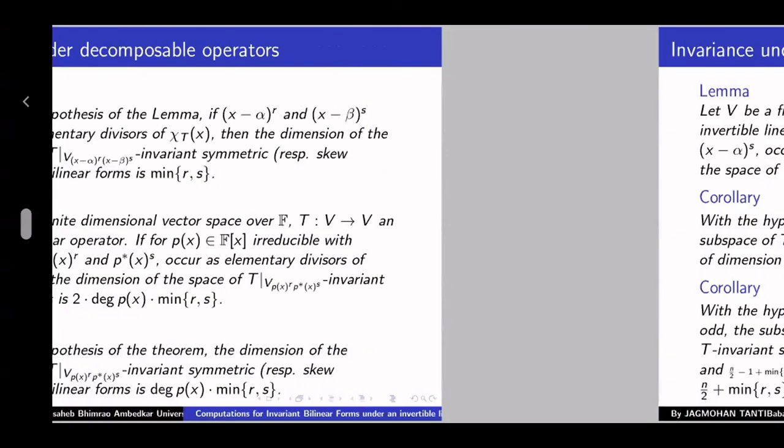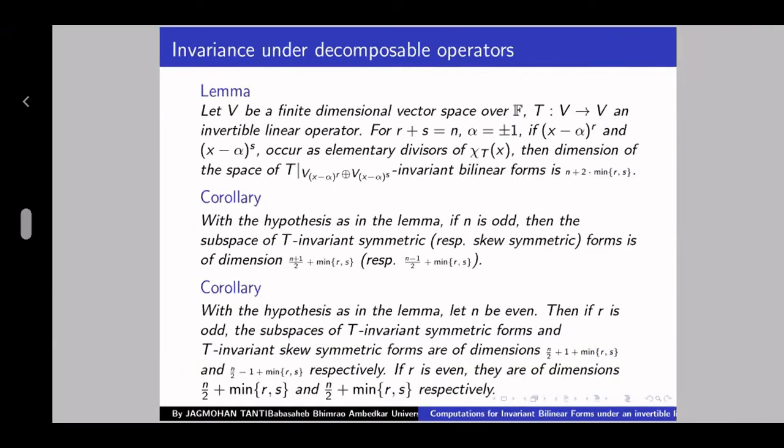Now again indecomposable operators. So we are here taking again V a finite dimensional vector space, T an invertible linear operator, and r plus s equals n. And alpha is different from plus minus 1.